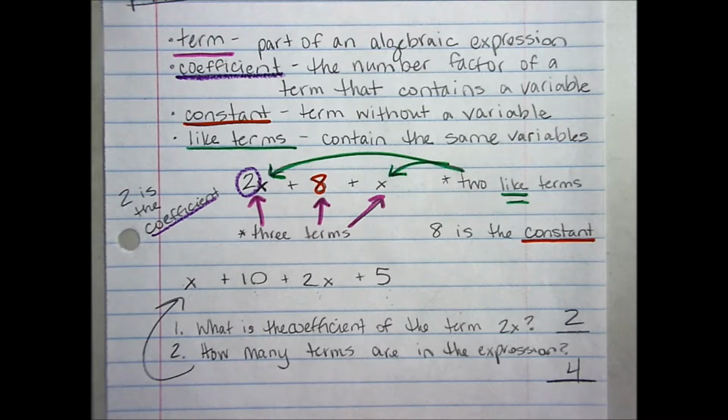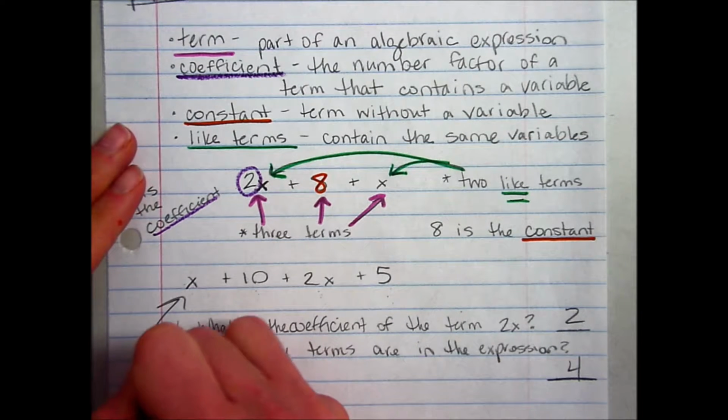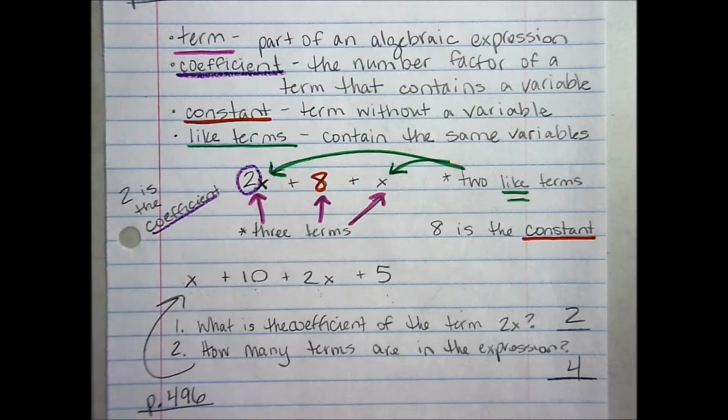I understand. All right, so let's practice with some examples on page 496. We're going to be simplifying algebraic expressions. So we have to take what we learned yesterday and use that before we can actually simplify.